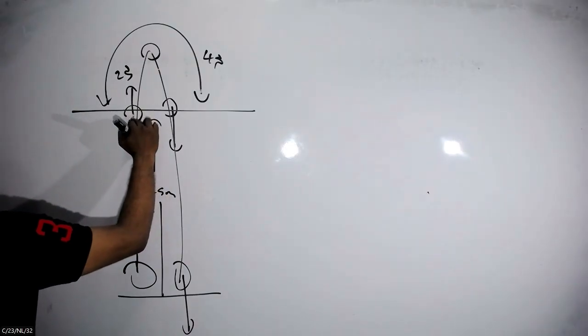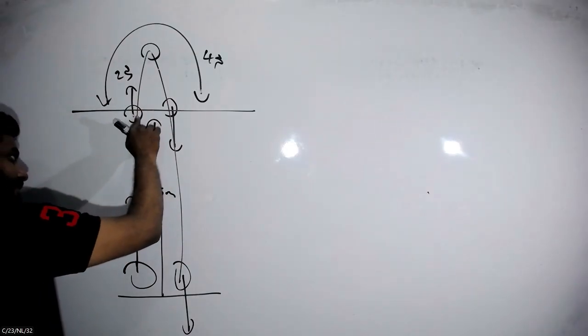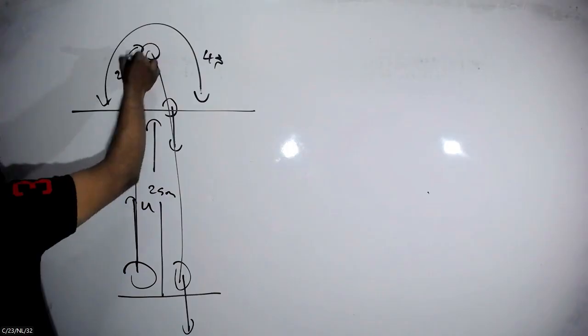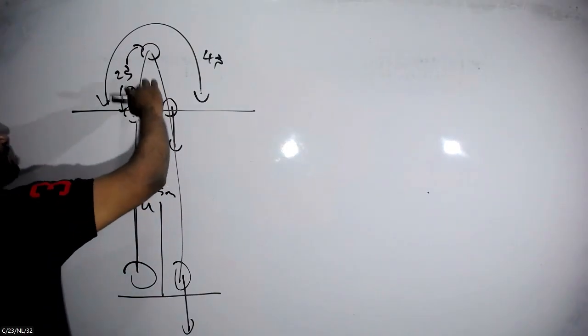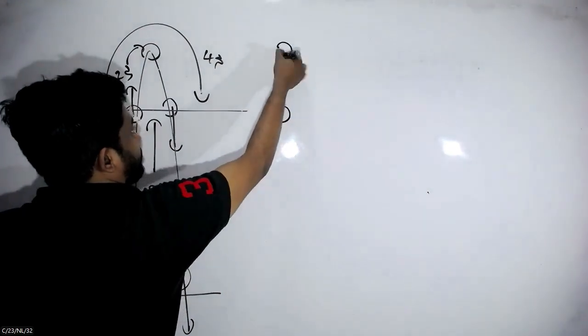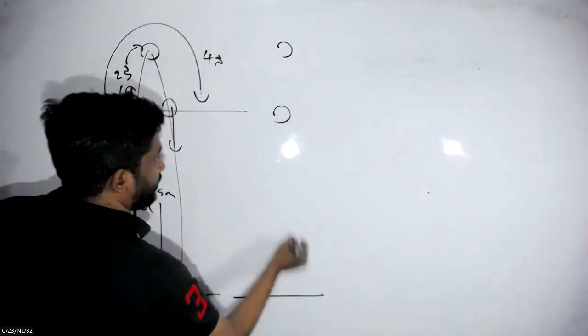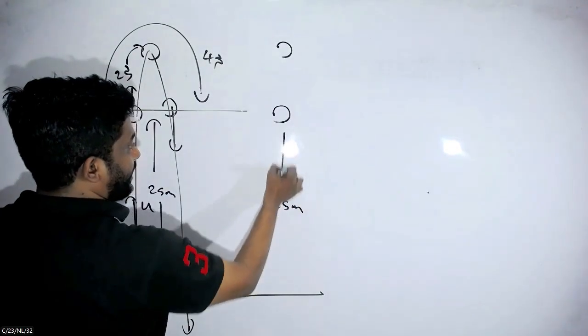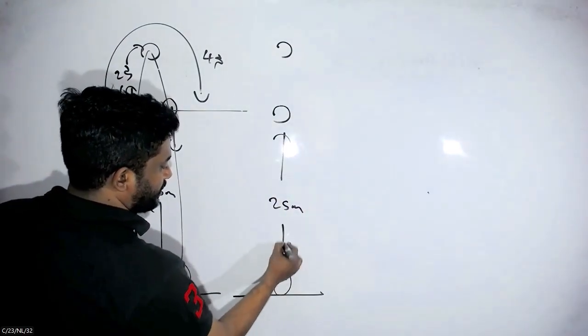Time taken by the particle to move from this given displacement to maximum height should be 2 seconds. Then you can identify the motion of the object from this displacement from 25 meter to initial velocity u.